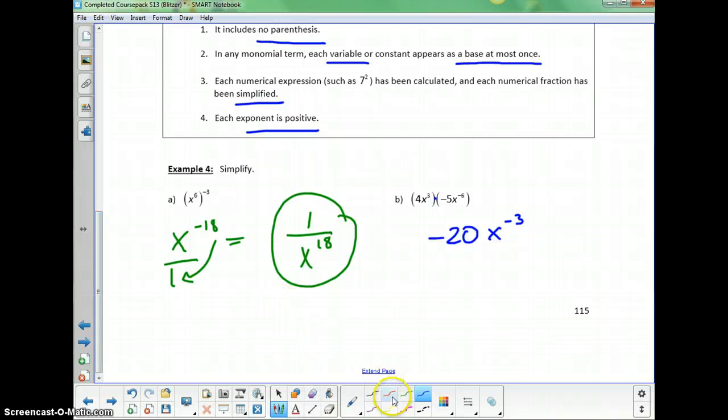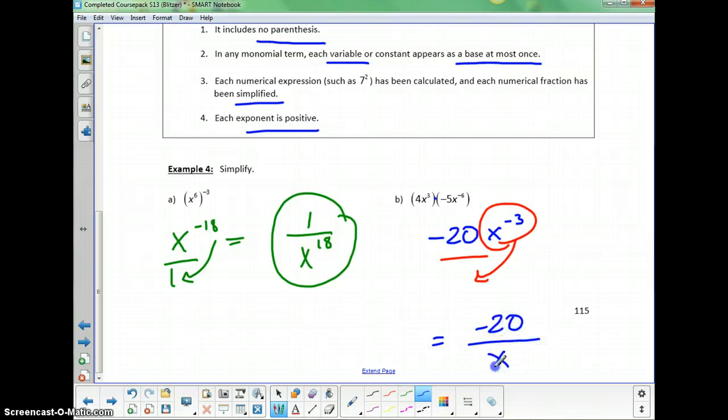Okay. Now anything that has a negative exponent is going to go into the denominator. Anything else is going to stay up top. That negative 20 does not have a negative exponent, so it's going to stay in the numerator, and the x to the third is going to go to the denominator.